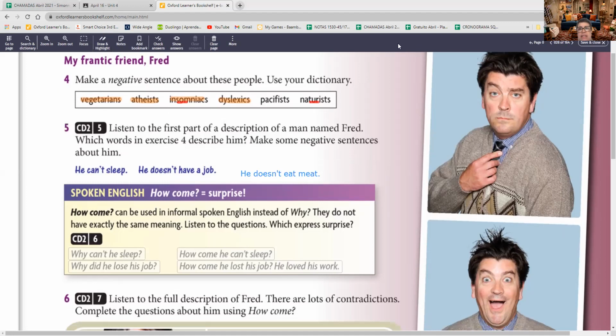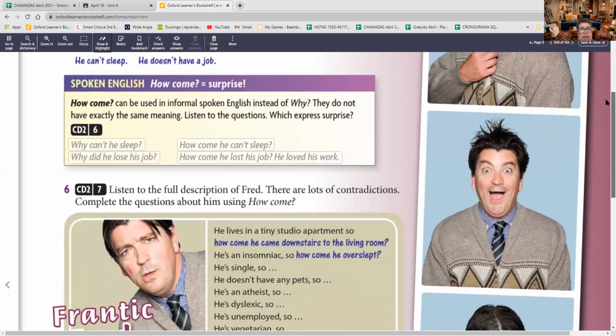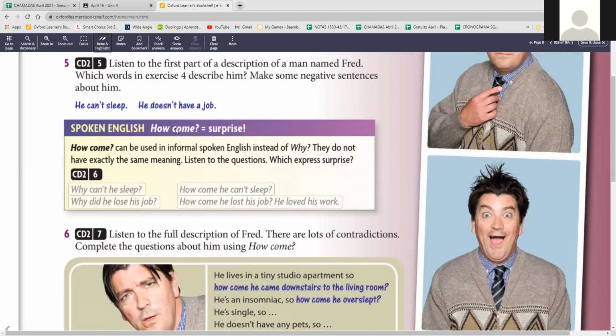Now, let's see if these things are really true about him. They're giving us a tip here on the question expression, how come. Remember we saw on the other page the meaning of how come. We use how come to ask why, but it's usually in a surprise situation, okay?